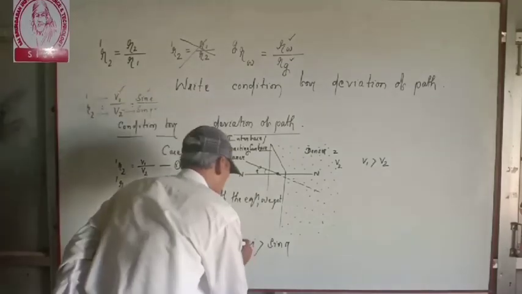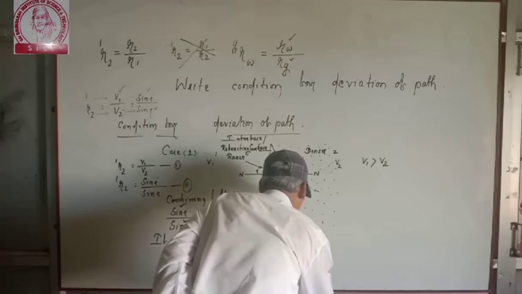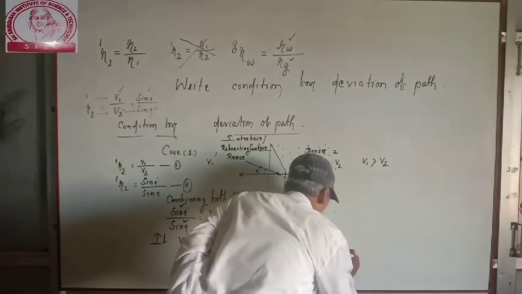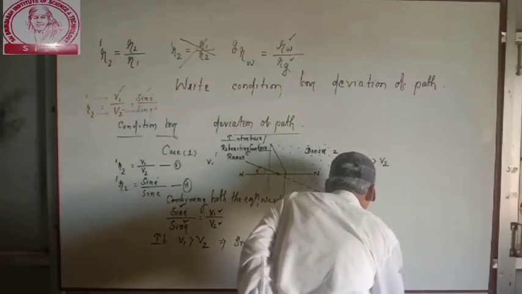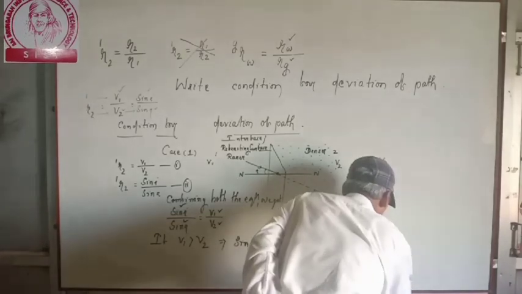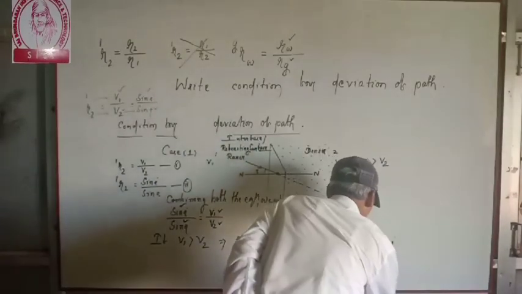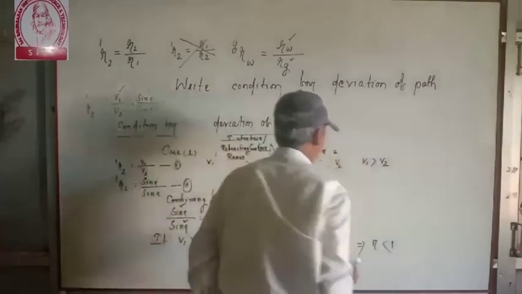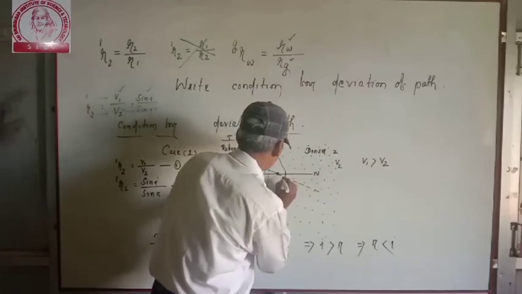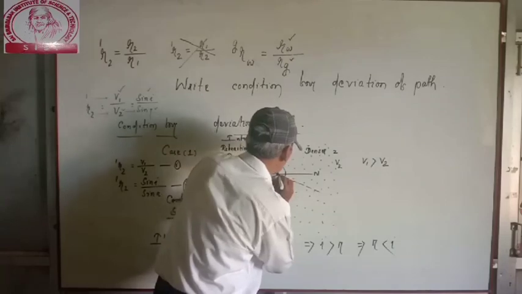So now cancel both the sides. What we will get? I is greater than R, or you may say R is less than I. That means the refracted ray bends towards the normal.